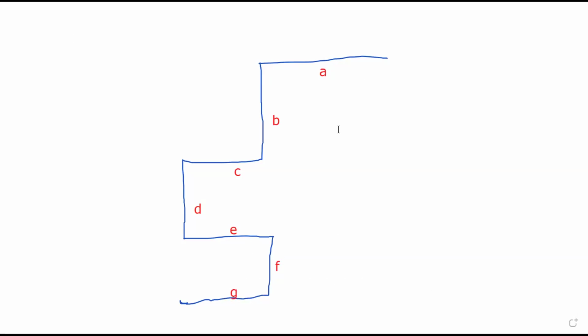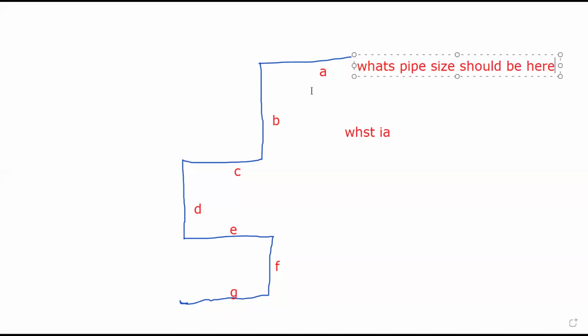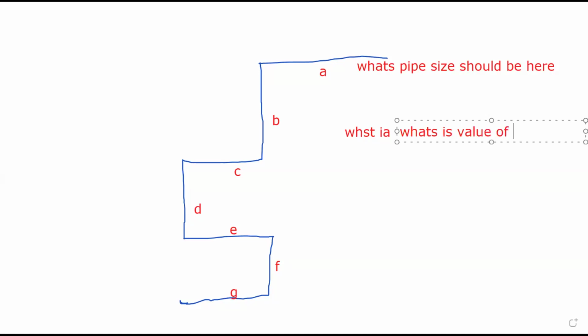What is the value of 7 streets? Calculate. What is the pipe size of this? What pipe size should be here? Which is like asking you, what is the value of 7 streets put together? Can we quickly do that one?